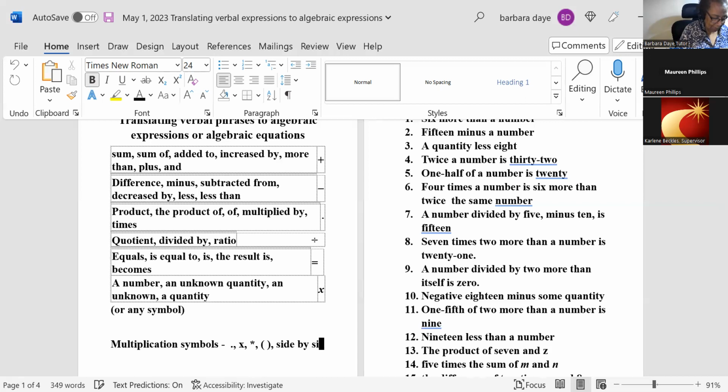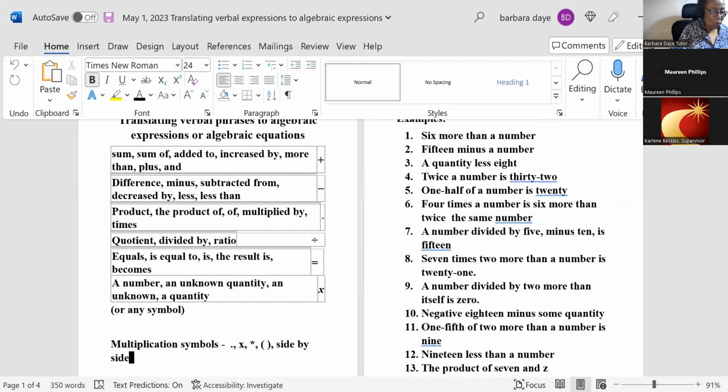So when you say 6y, it means 6 times y. That's side by side, and that's the one most people forget: when you see a variable and a number, that's a multiplication. The 6 is the coefficient and the y is the variable.